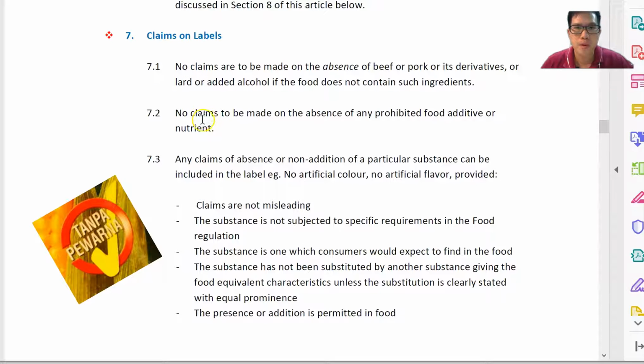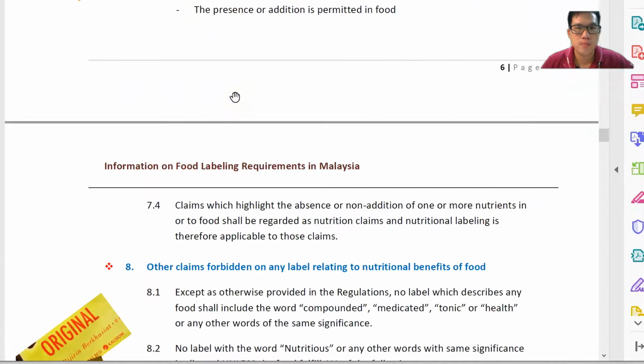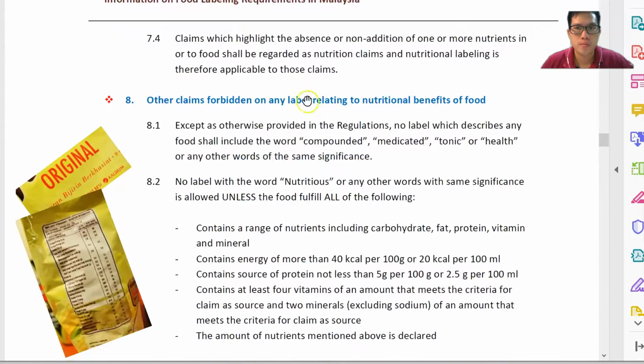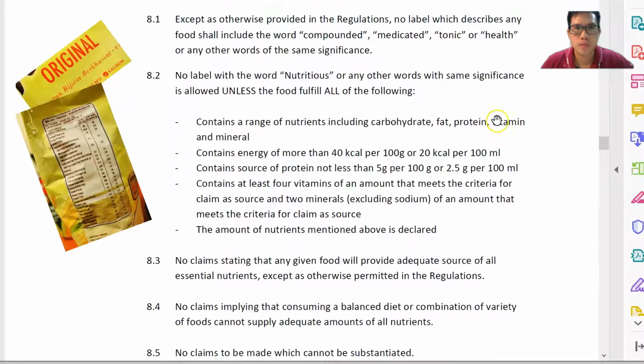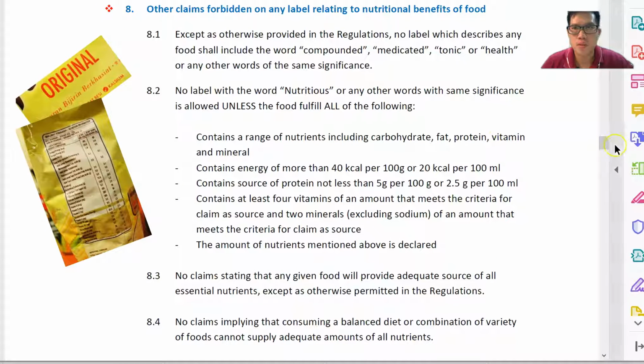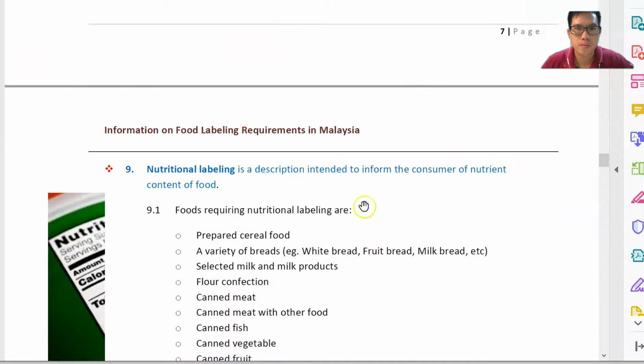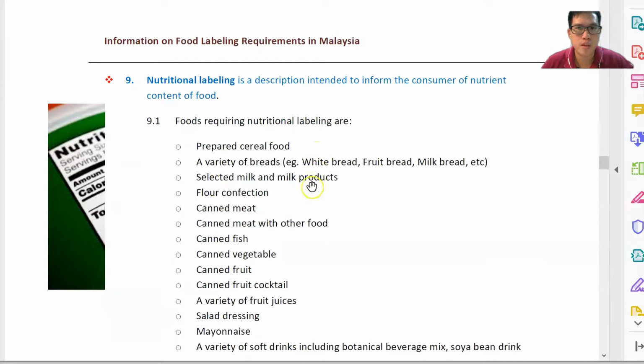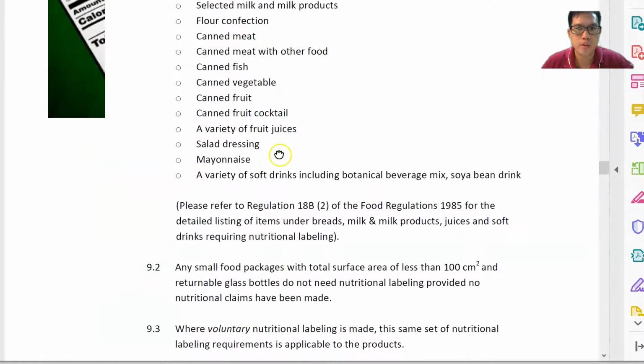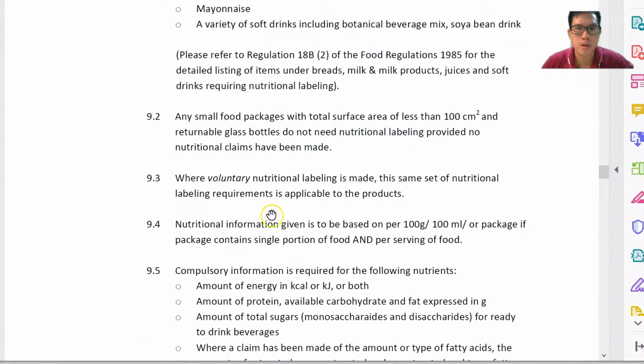It can be a health claim, it can be a claim about the ingredient and so forth. Then there are other things forbidden on the labels. Nutrition labeling, these are very standard and need to be as accurate as possible.